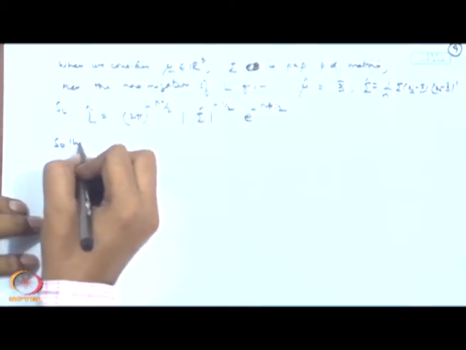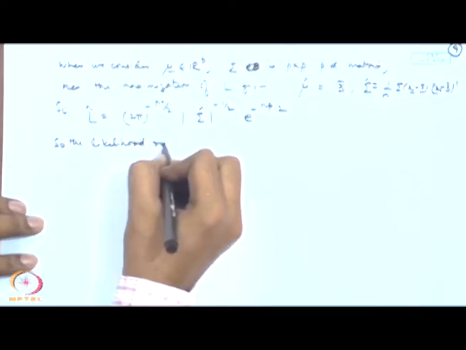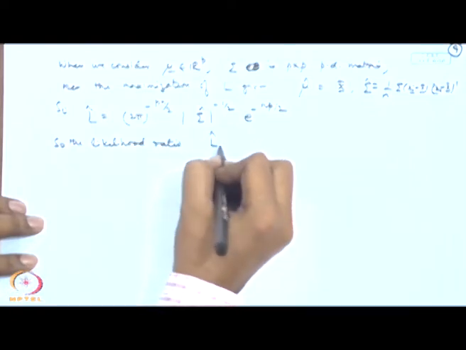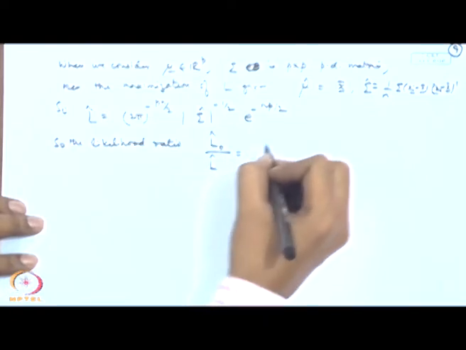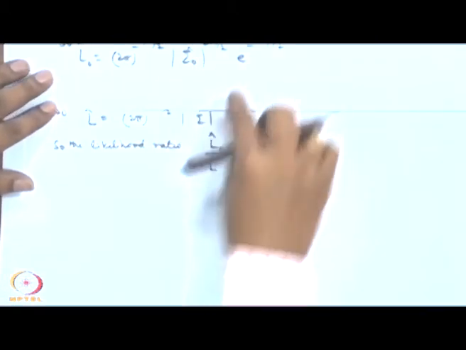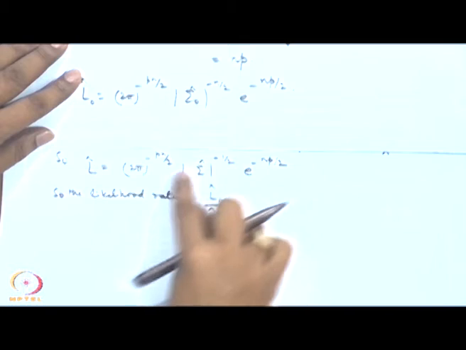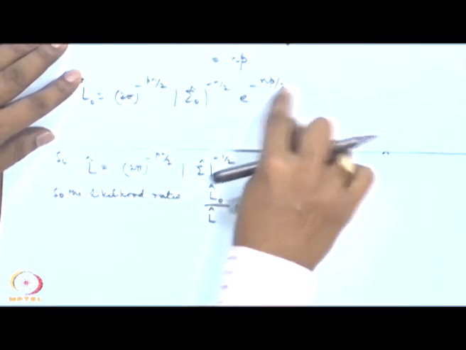So, the likelihood ratio that we consider, L naught hat by L hat, is equal to... If you look at these terms here in L naught hat and L hat, these two terms are common, so this will get cancelled out.